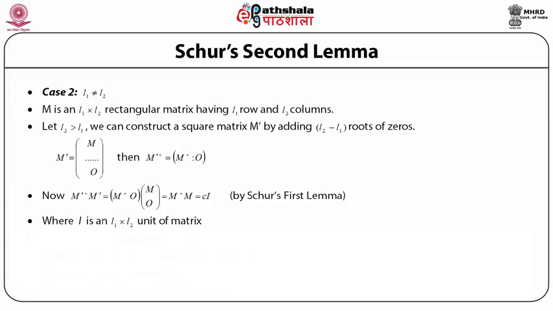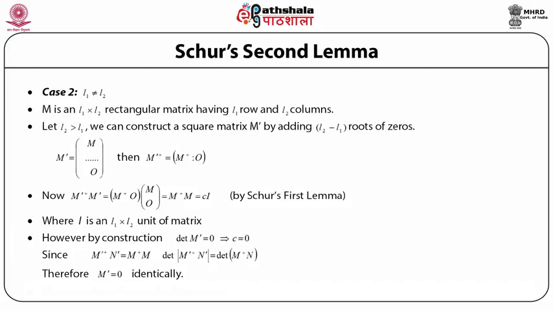Now, M prime dagger M prime is M dagger 0, which is a row matrix, multiplied by M 0, which is a column matrix, which becomes M dagger M, which is equal to a constant times the unit matrix by Schur's first lemma, where I is a unit matrix.